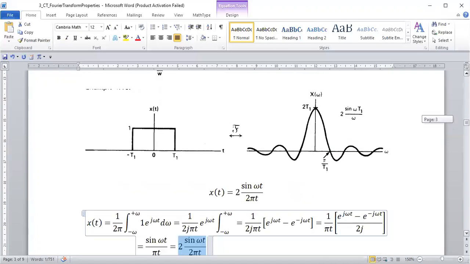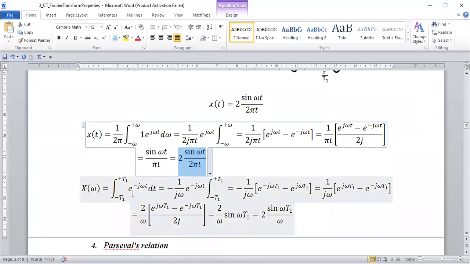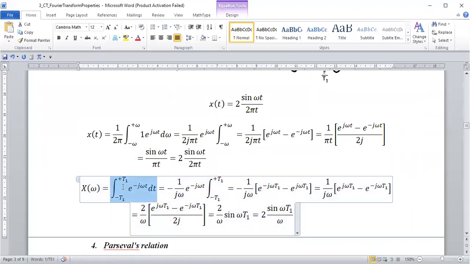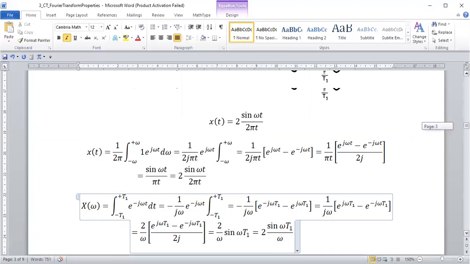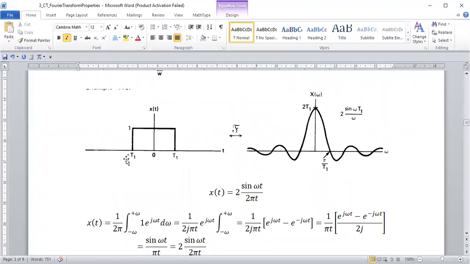Then we want to do the Fourier transform of this particular non-periodic square wave. So this is our definition of the Fourier transform. So in place of a function x of t, we are going to replace it with the limit, that's from minus t1 to plus t1.